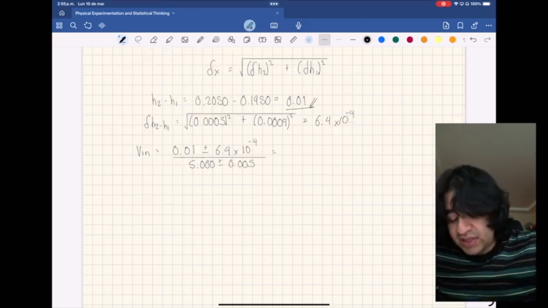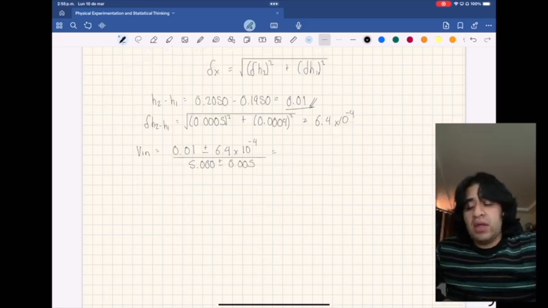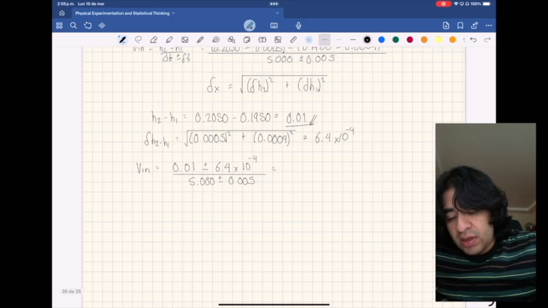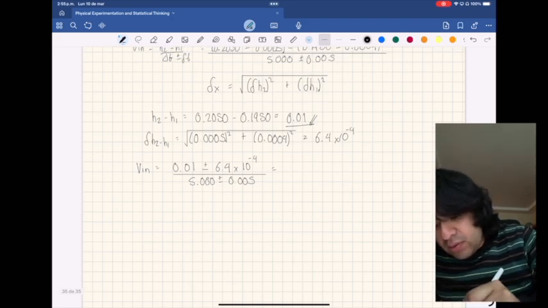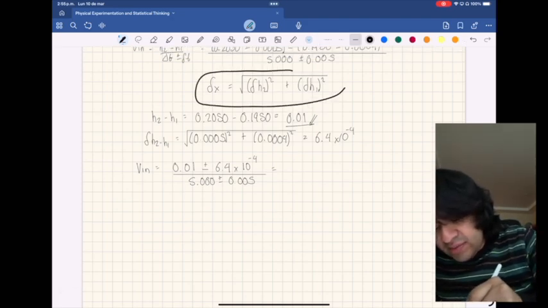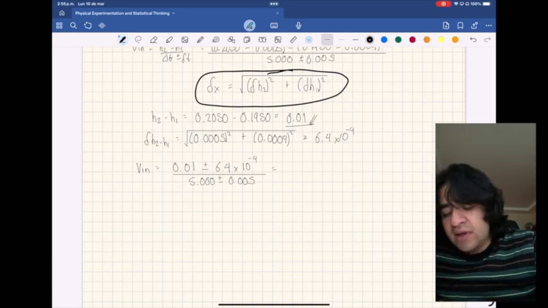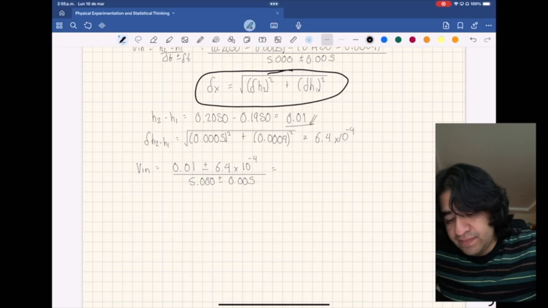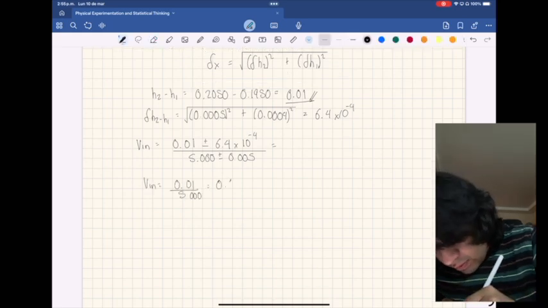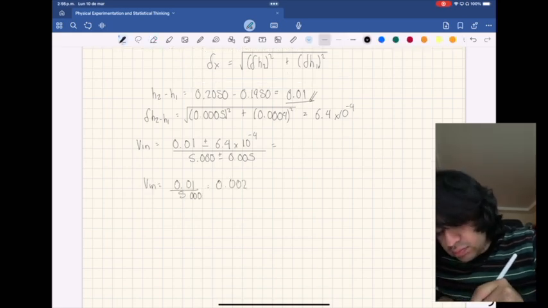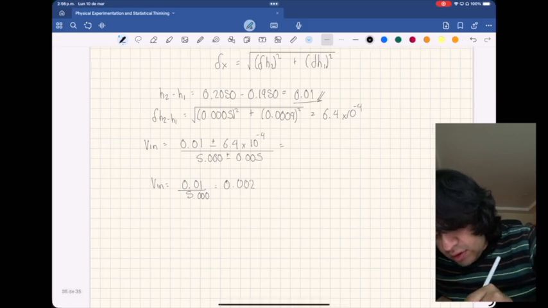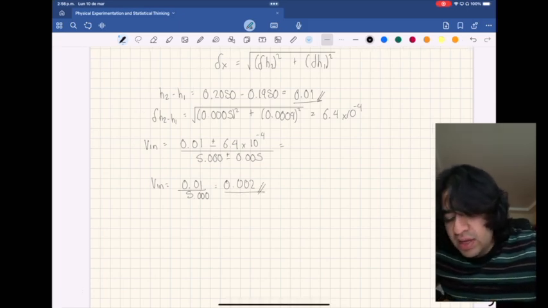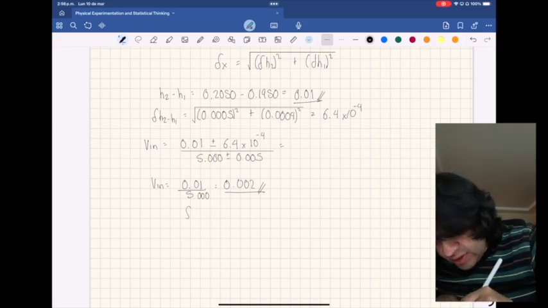The next step is division, and for a division we maintain a similar rule that we had, but in this case we are working with percentage uncertainties. Our main value is 0.002, and the uncertainty is determined by the following equation.